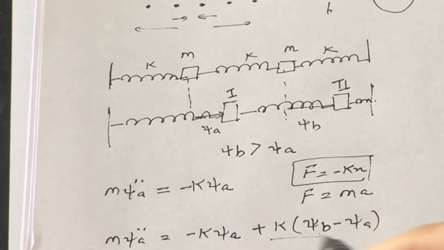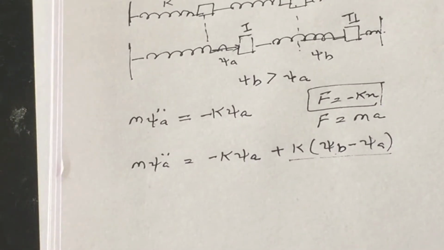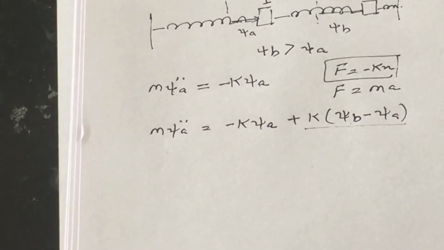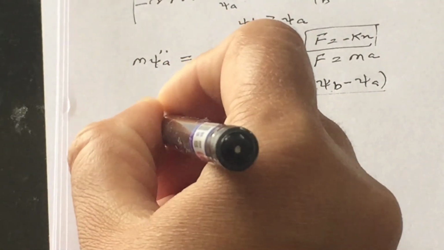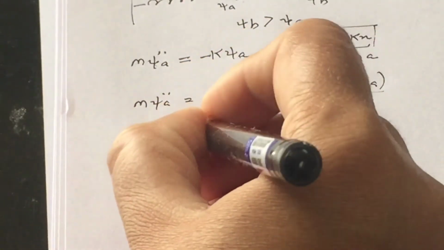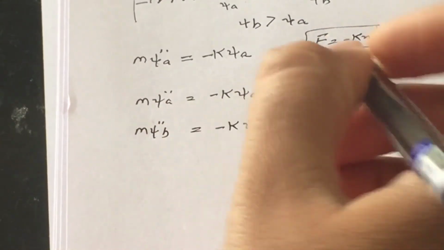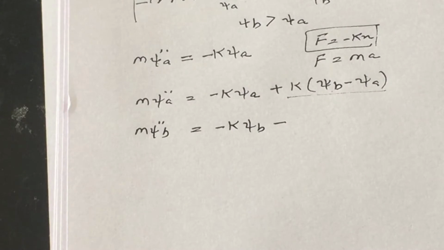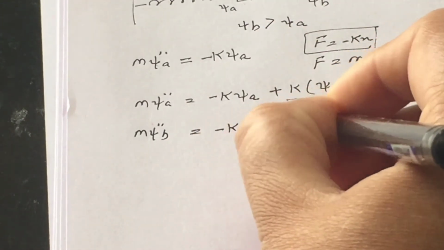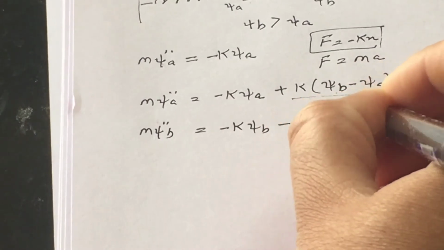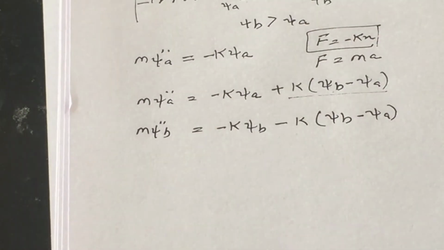This term comes due to the expansion between the two masses due to the applied force. Similarly, for the second mass, the equation will become minus k psi b. Now, the second term will be a negative term because it is in the direction opposite to your oscillation, so it will become psi b minus psi a.